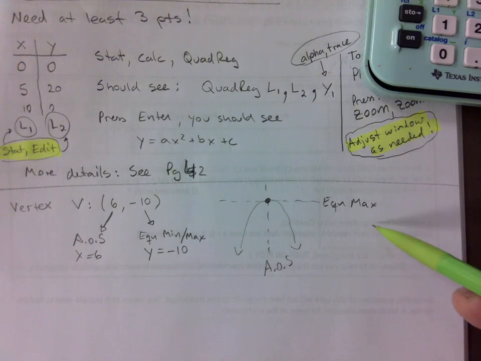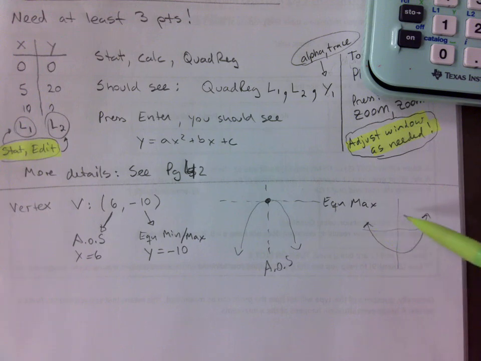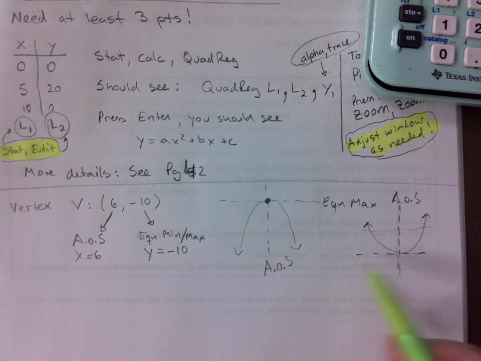If you have another one like this, and your parabola goes up, the axis of symmetry is still the same. But in this case, this would be the equation of min.